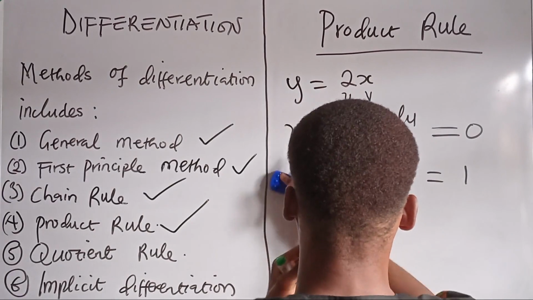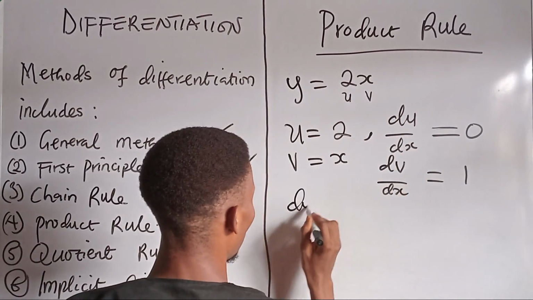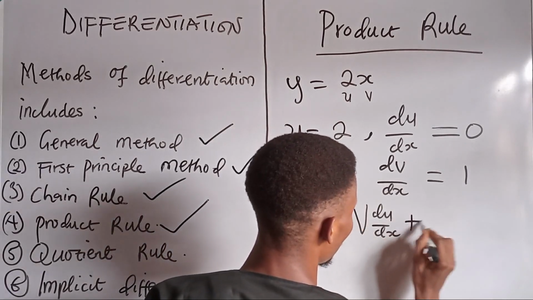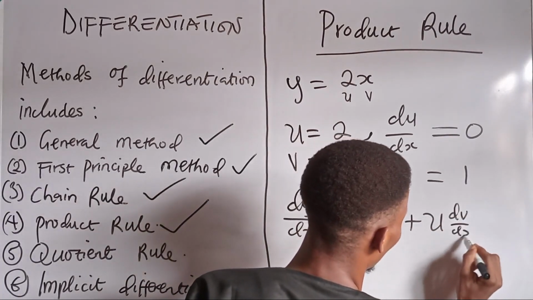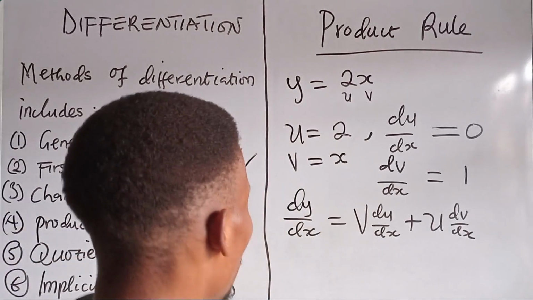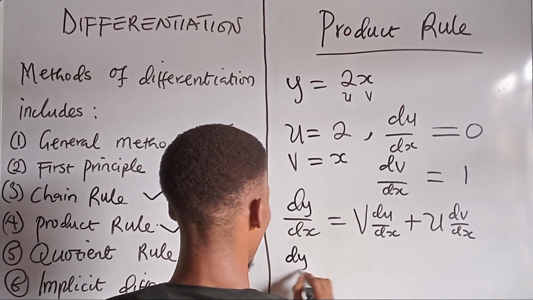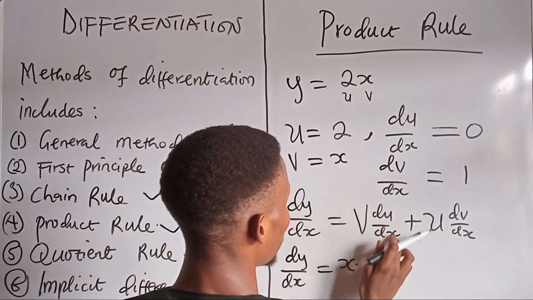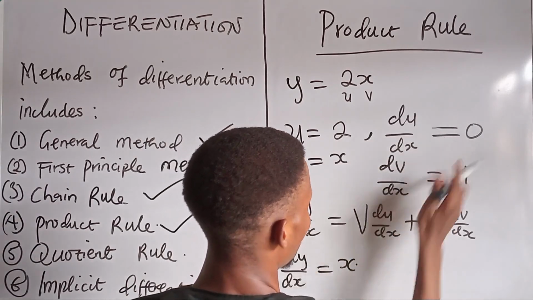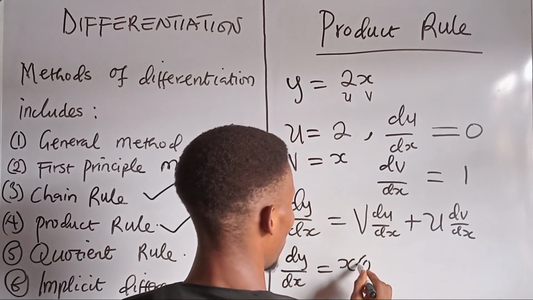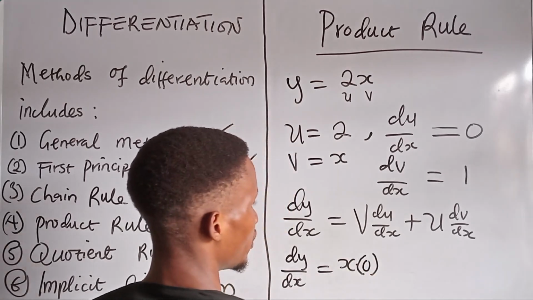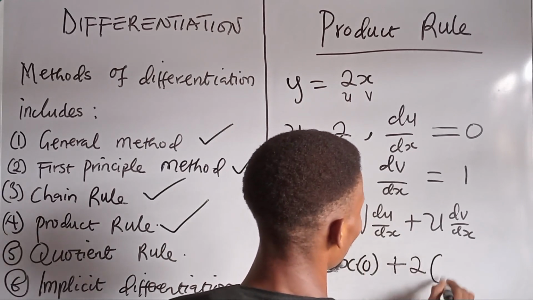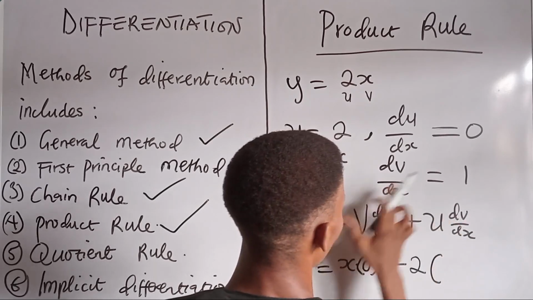Next thing is to apply the formula, which says that dy over dx is equal to v du over dx plus u dv over dx. So representing this, dy over dx is equal to v, which is x, multiplied by du over dx. We got du over dx as 0, so it is multiplied by 0. Then plus u, which is given as 2, times dv over dx, which is 1.